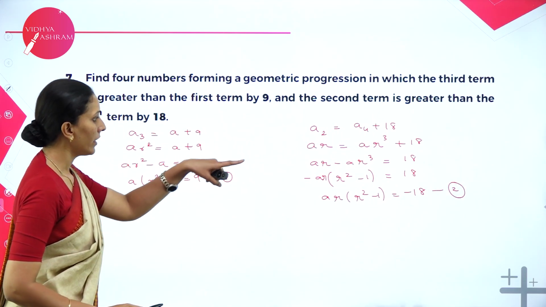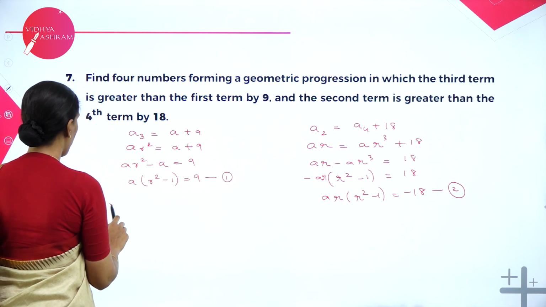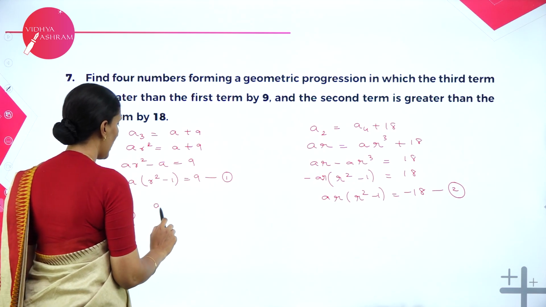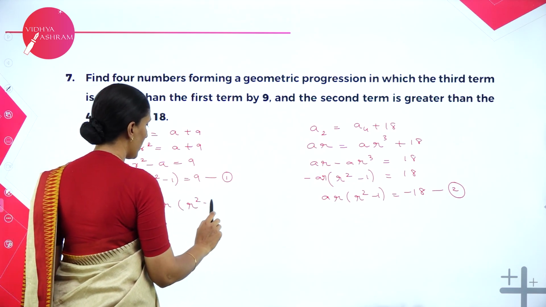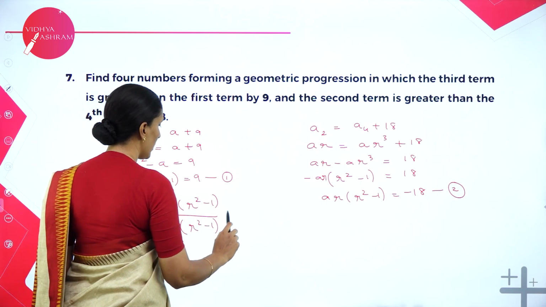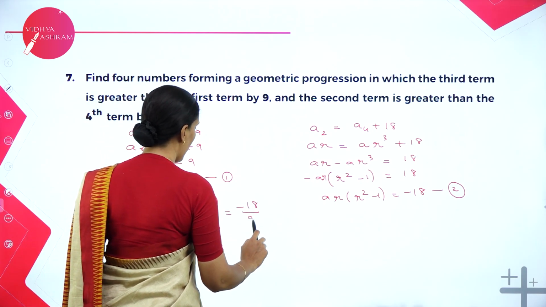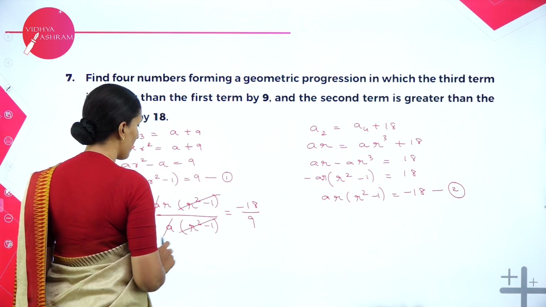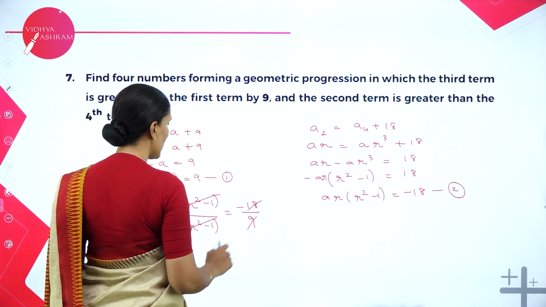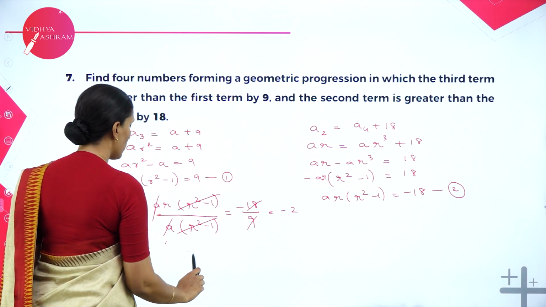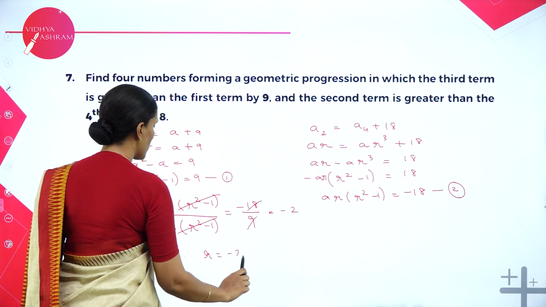Now let us divide equation 2 by equation 1. AR into R square minus 1 divided by A into R square minus 1 is equal to minus 18 by 9. A cancels, R square minus 1 cancels, 9 and 18 get cancelled, we'll get this as minus 2. So therefore R value is minus 2.